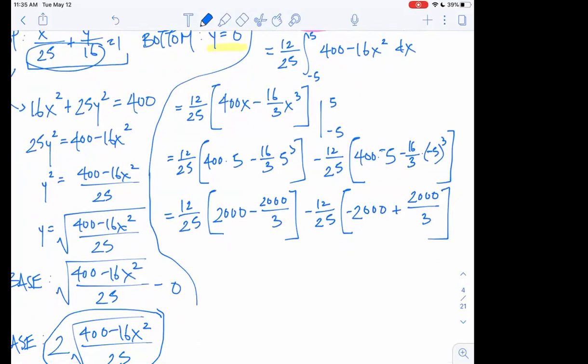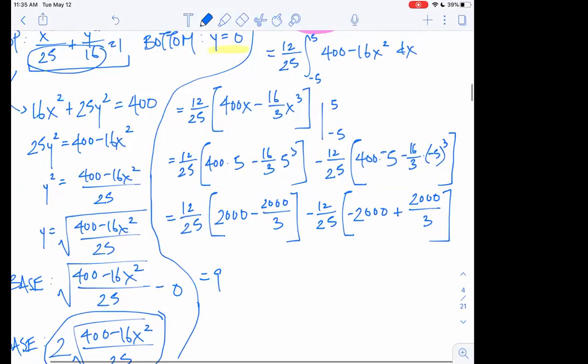Let's see. 12 over 25 times 2,000 will give me 960, minus 12 over 25 times 2,000 divided by 3, which will give me 320, plus 960 minus 320.